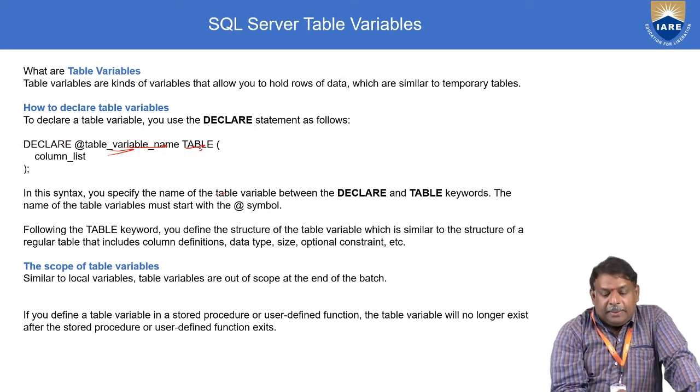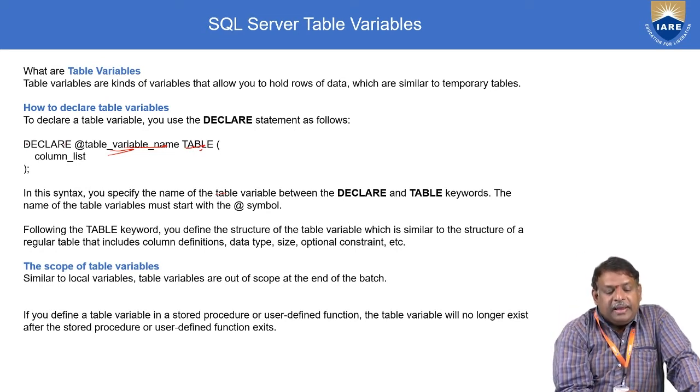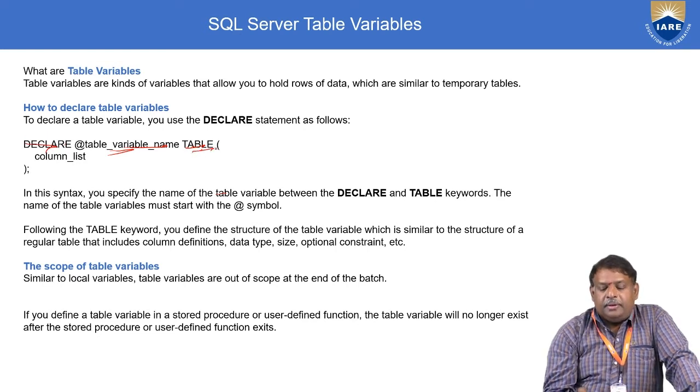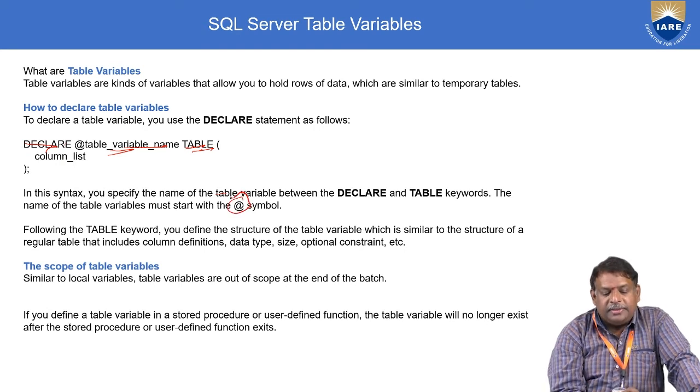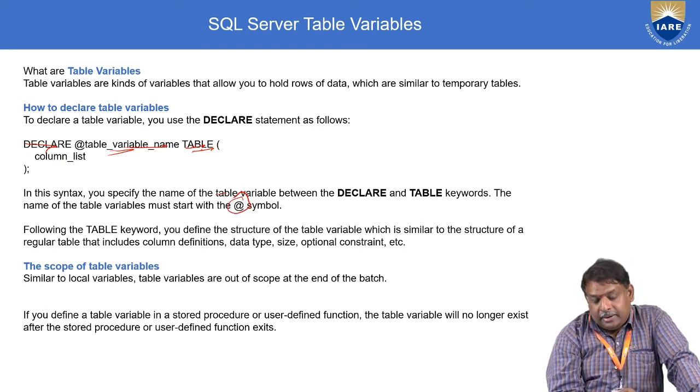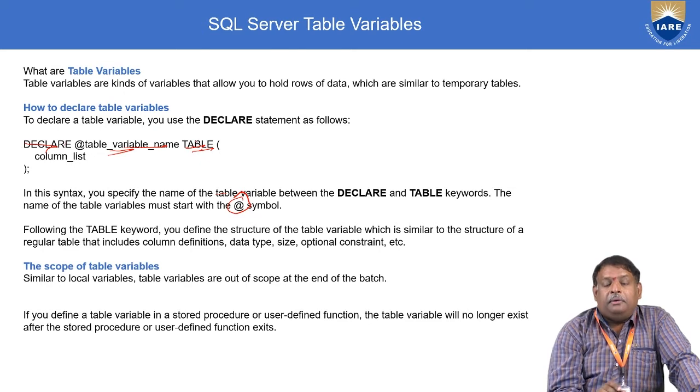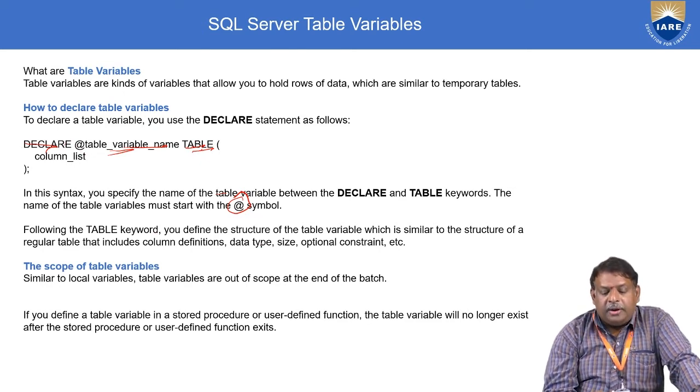The name of the table variable must start with the @ symbol. Following the table keyword, you define the structure of the table variable, which is similar to the structure of a regular table that includes column definition, data type, size, option, etc.